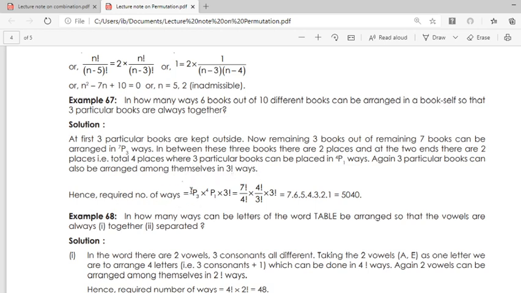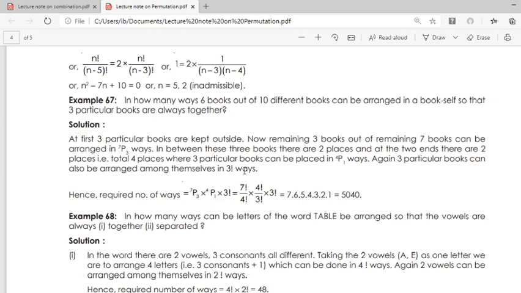So you have 7 permutation 3 times 4 permutation 1 times 3 factorial. The 3 factorial is that you first keep 3 particular books aside. Now you are taking 3 out of 7, that you have 7 permutation 3, and you are multiplying.